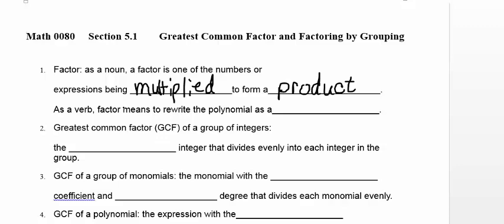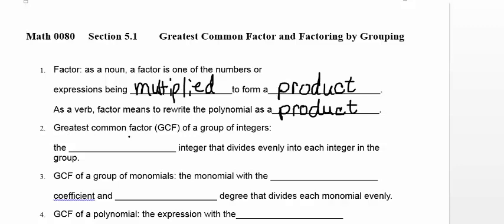As a verb, factor means to write the polynomial as a product. So the process of writing a polynomial as a product is what we mean when we use the word factor as a verb.